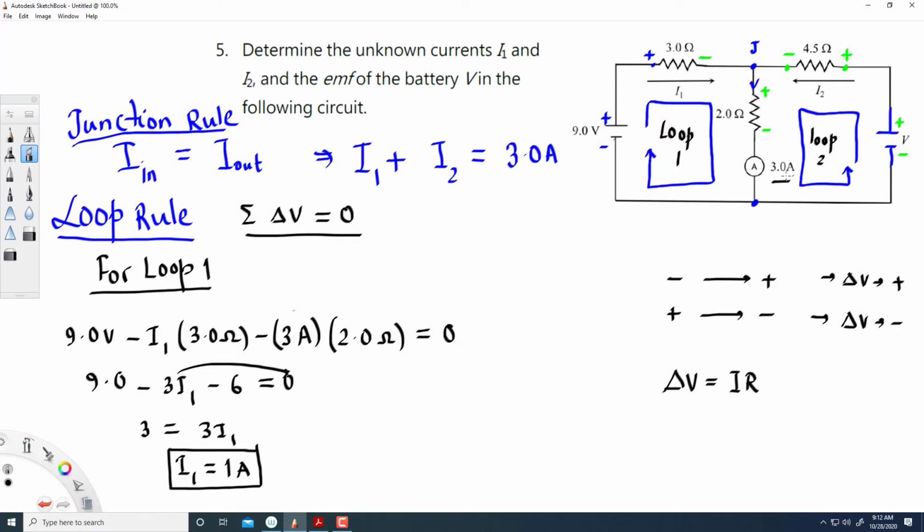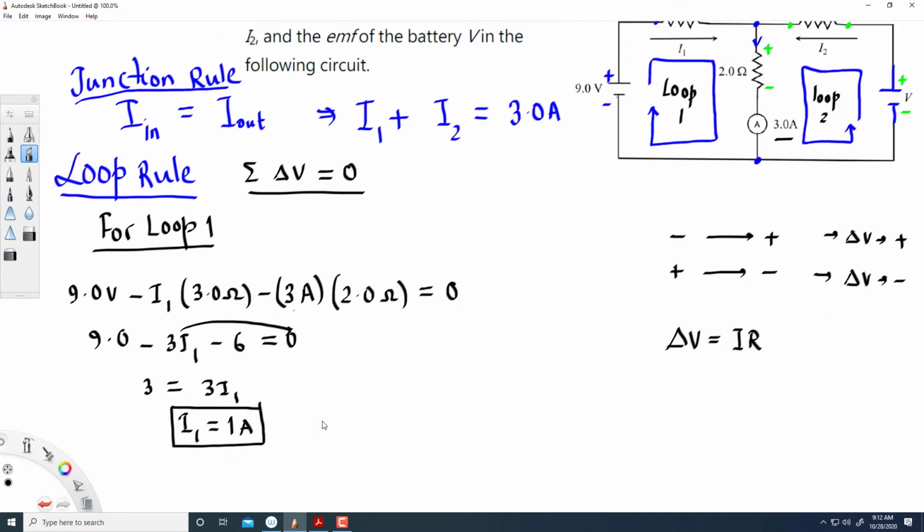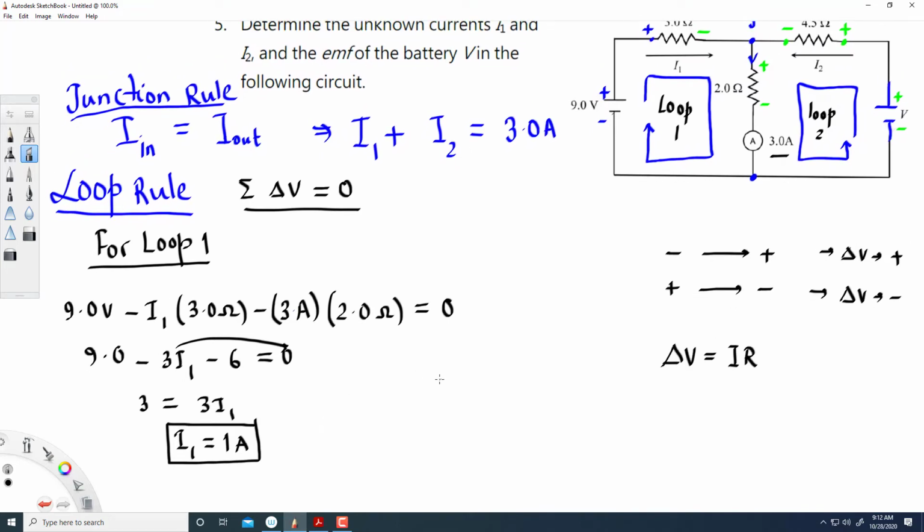Now we can use the second loop, loop 2. Again, choose any component. Let's say we start with this battery. In this one we are going counterclockwise.